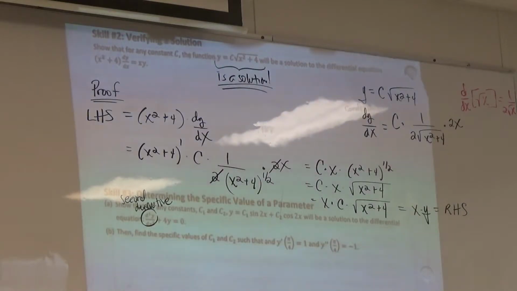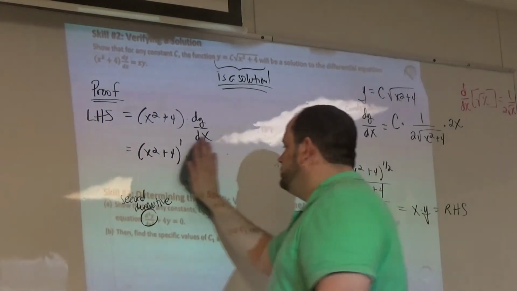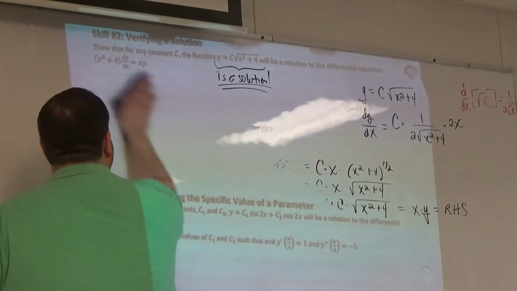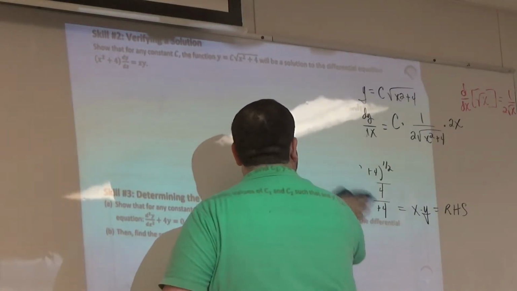You leave C1 and C2 as they are, right? Because they're constants. And then the derivative of cosine is negative sine. For the second derivative, I got C1 times negative sine of 2x times 2, plus C2, plus 4y.